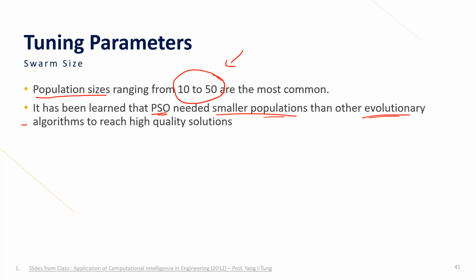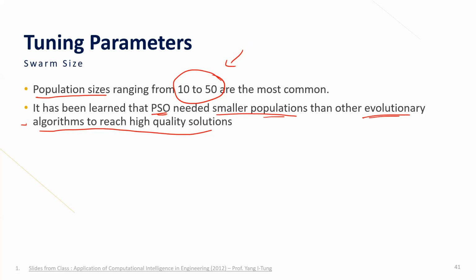It makes the search a little bit too explorative, so the algorithm is slower to reach higher solution quality. But if you have too small a population, that's also not good, because you are not exploring, maybe you will not explore many areas.